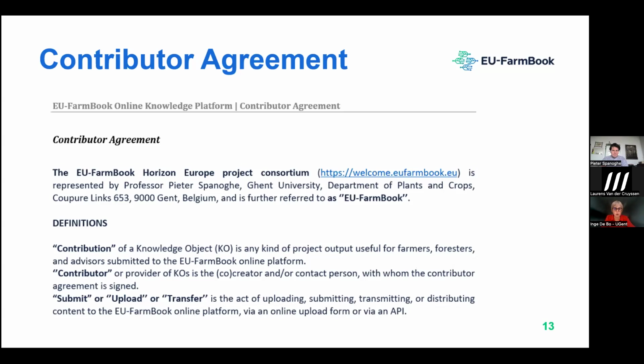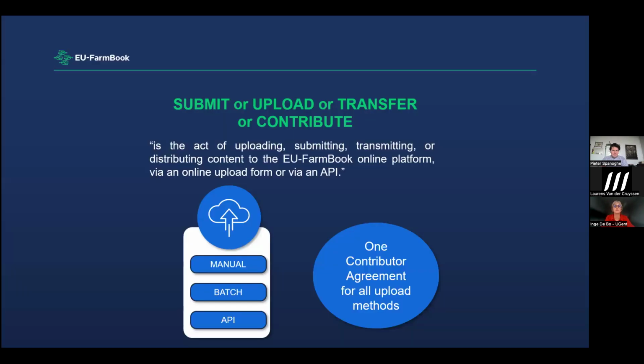So let's have a closer look at these 2 other definitions. For submit or upload or transfer or contribute, the contributor agreement says it's the act of uploading, submitting, transmitting, or distributing content to the EU-FarmBook online platform.